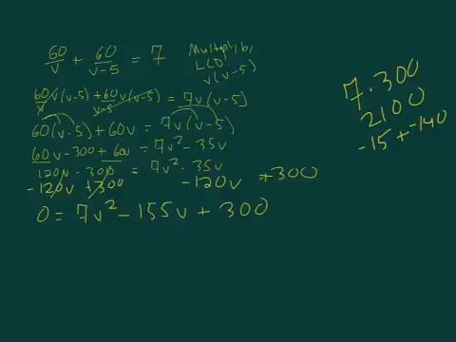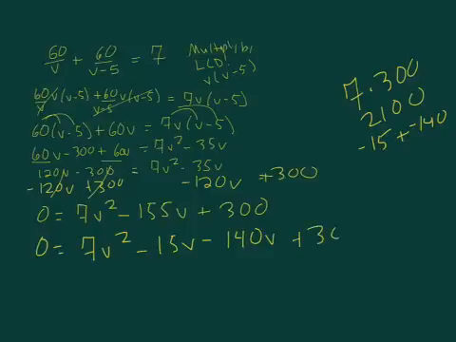So we're going to rewrite our equation as 0 equals 7v squared minus 15v minus 140v plus 300. Alright, cut it in half. What can we pull out of the first two terms? Well, we can pull out a v. So 0 equals v. We're left with 7v minus 15.